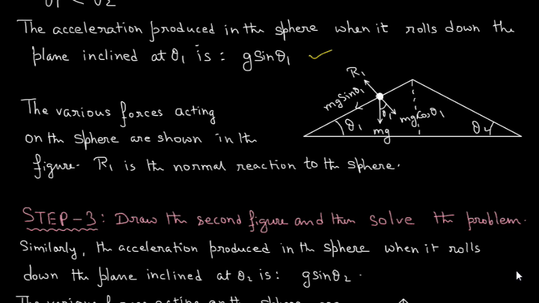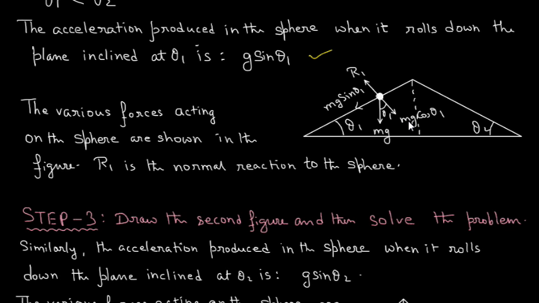So g sine theta 1 is the component in the same direction as the acceleration. Various forces acting on the sphere are given in the figure, and mainly we have to find out the components of mg. One is mg cos theta 1 acting downwards, and mg sin theta 1 is acting along the motion, which gives the acceleration.